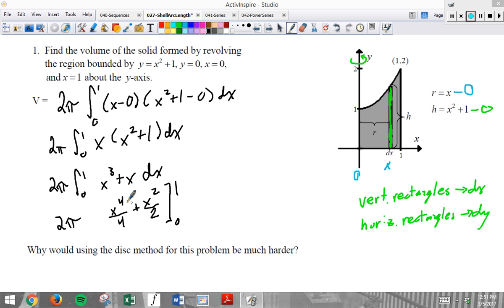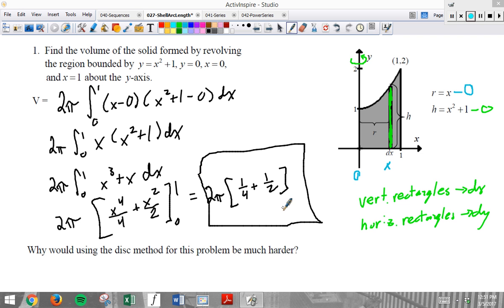Because I didn't do that. Plugging 0 into here will make 0. You shouldn't ever assume that, but you are allowed to, use your brain. And we're done. Ta-da! And that's shell method. That's the basic form of shell method. Thanks. Good?